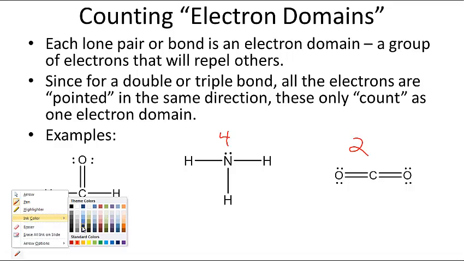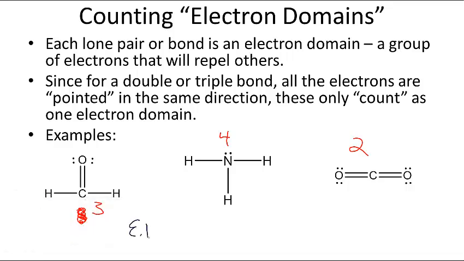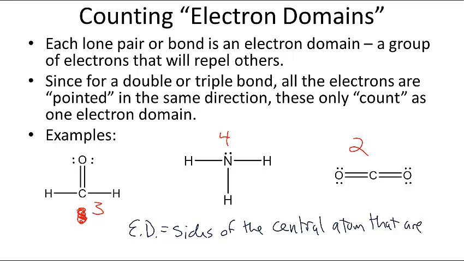Electron domains is equal to the sides of the central atom that are, I'm going to put it in quotes, covered. So for CH2O, the carbon's left, right, and top are covered, but the bottom is empty.